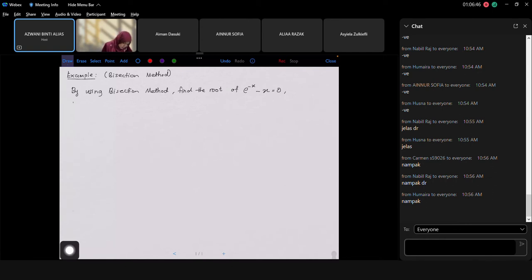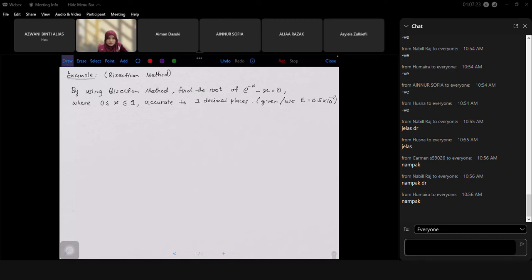Where x is between 0 and 1, accurate to 2 decimal places. By given kat sini juga ataupun use epsilon, okay, is 0.5 darab 10 kuasa negatif 2. Okay.